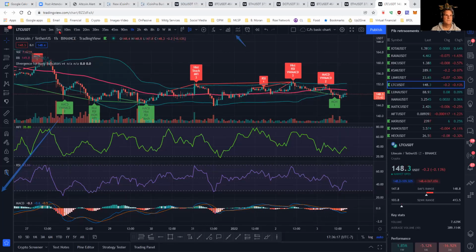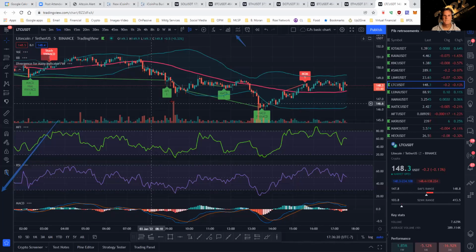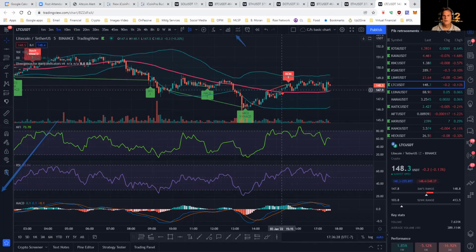All right, on 5 minute, yeah, nice dip sequence here. A lot of the coins did. I did pretty well with this morning, and then I caught this too on a couple other coins. Divergence helped with that. So we could do an alert on divergence and try to catch, or actually we're doing a short.